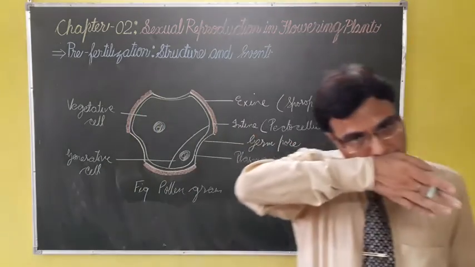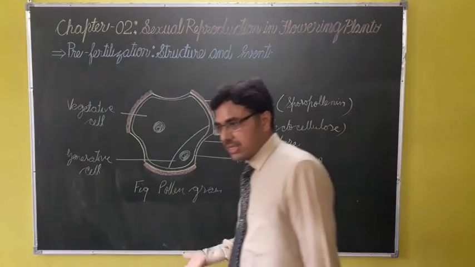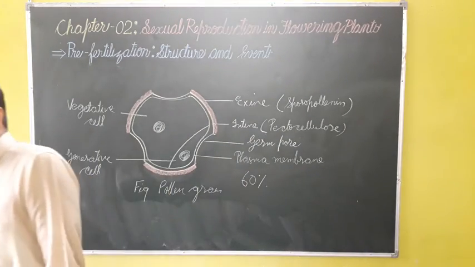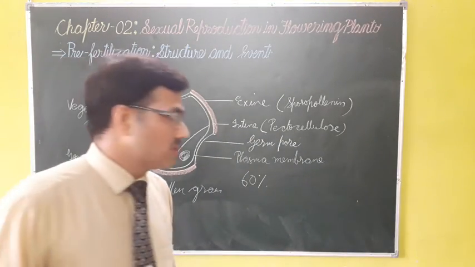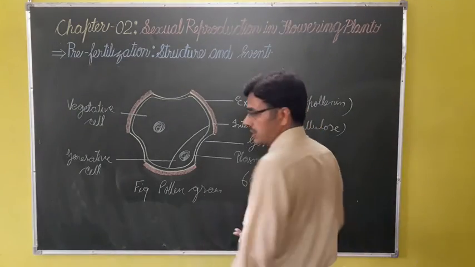In this way, the pollen grains are shed in 2 cell states in maximum 60% of conditions, and 3 cell states in 40% of conditions.